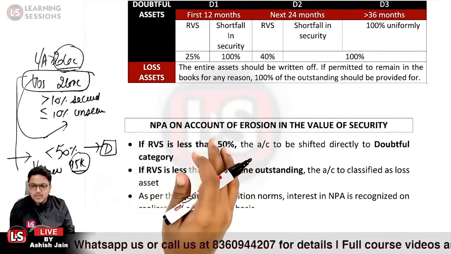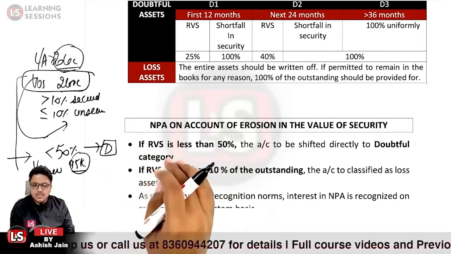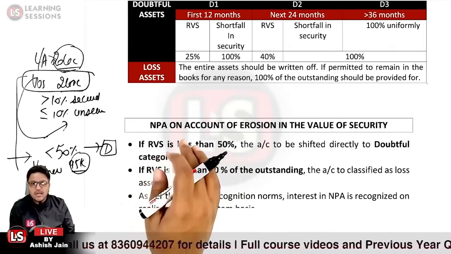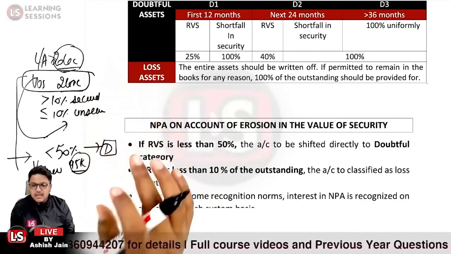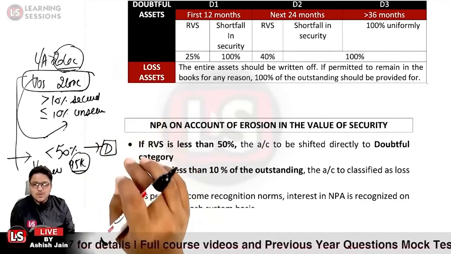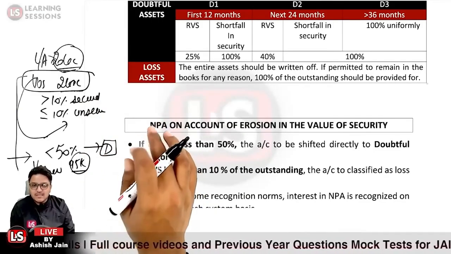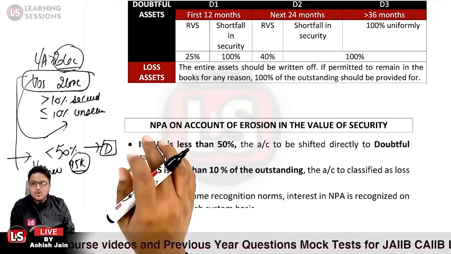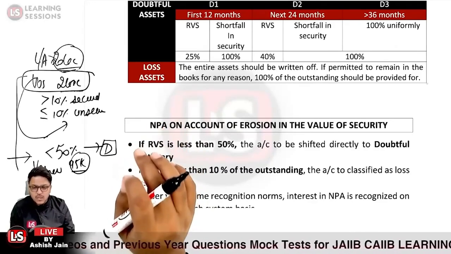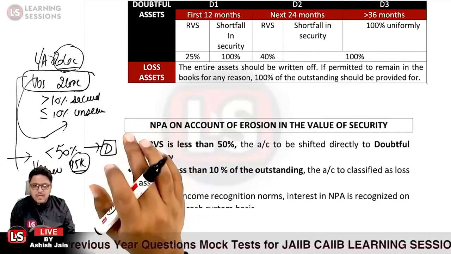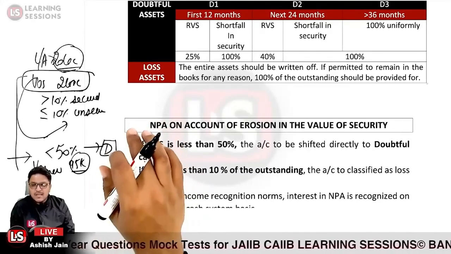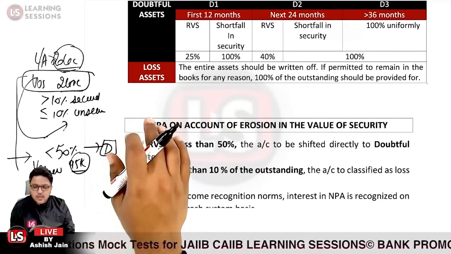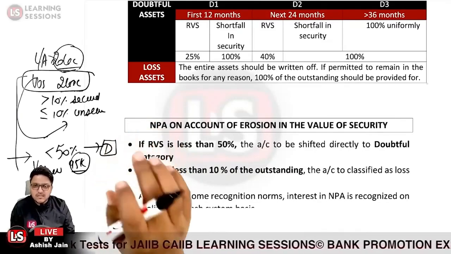Are you understanding my point related to why it is a secured loan or unsecured loan? I'm not saying that if the value of security is lesser than 10%, it will be transferred to the loss asset category. I'm saying if the value of security is lesser than or equal to 10% at sanction, it is an unsecured advance. If it is greater than 10%, it is a secured advance.